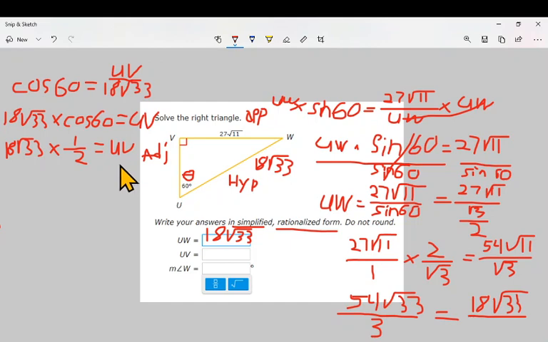Okay. 18 square roots of 33 times 1/2. Well, 18 divided by 2, or half of 18, is 9, and so that's all we have here. So we have 9 square roots of 33.